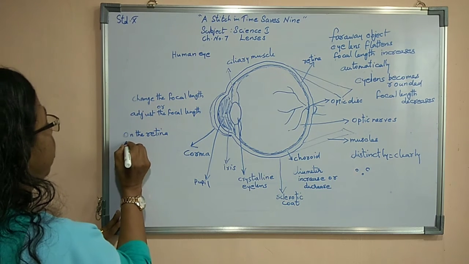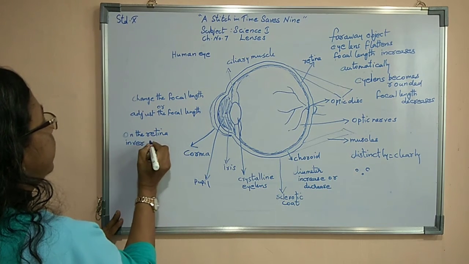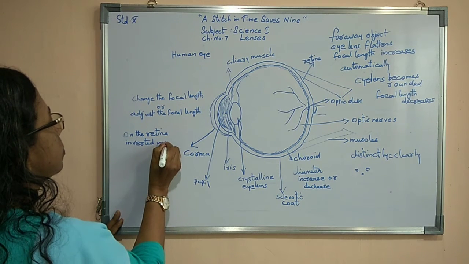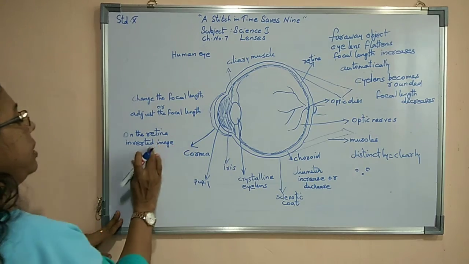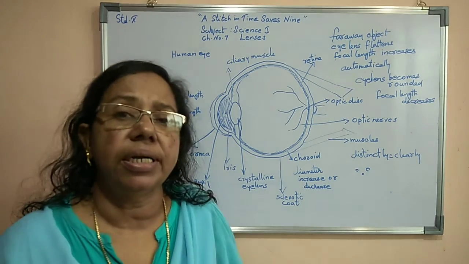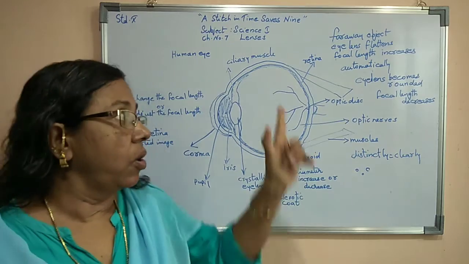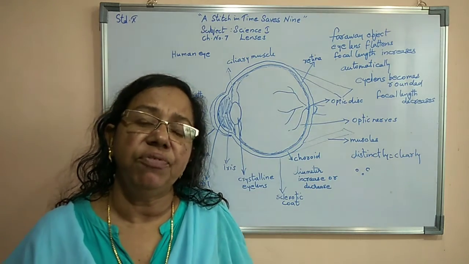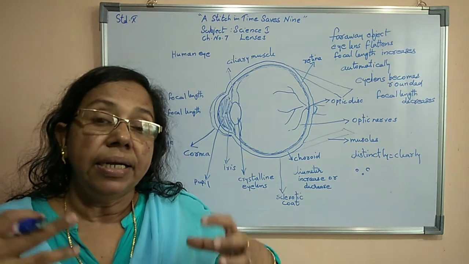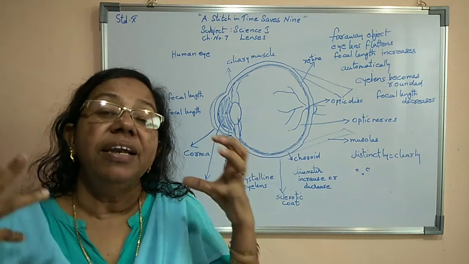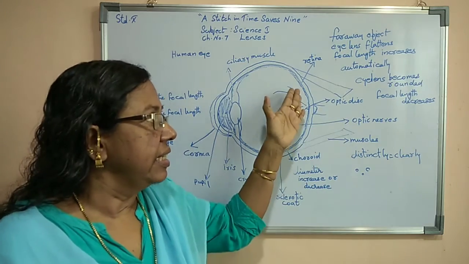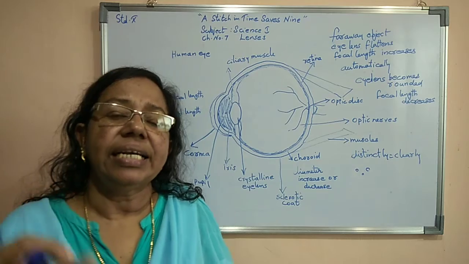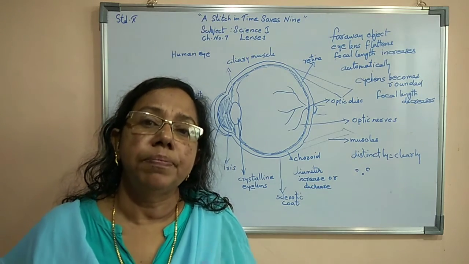There will be the formation of an inverted image on the retina. As and when light falls on this retina, the retina will send an electrical signal to the brain.